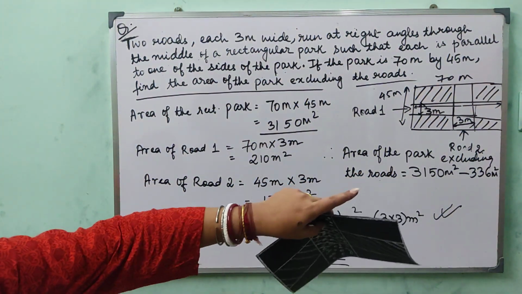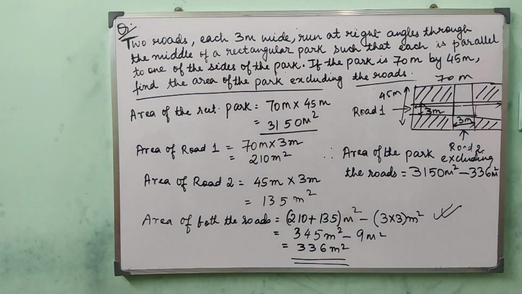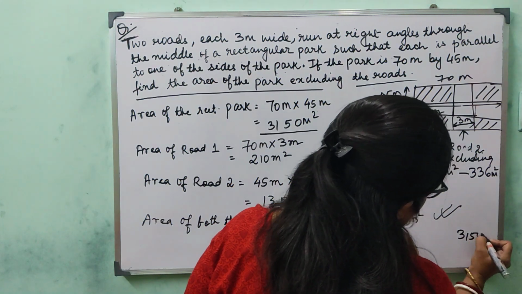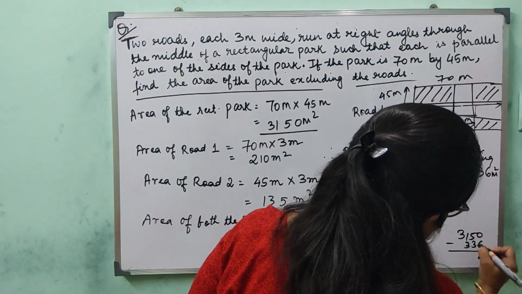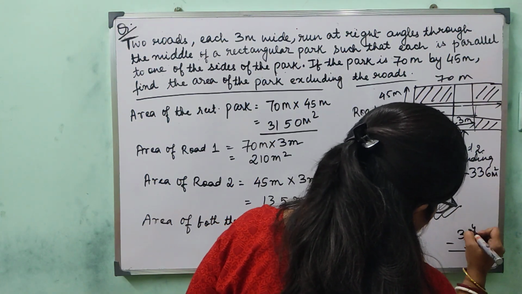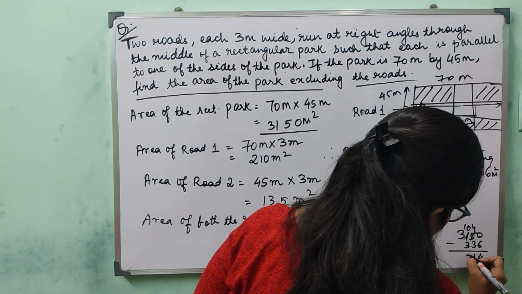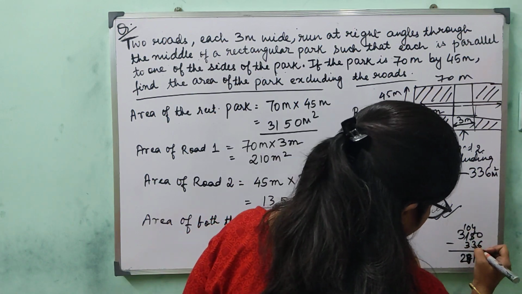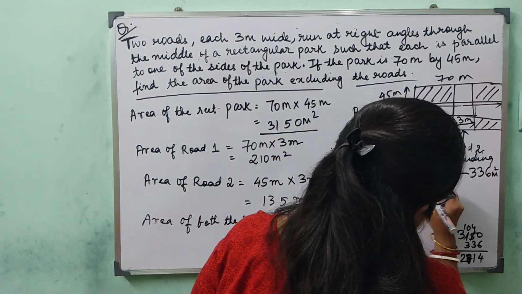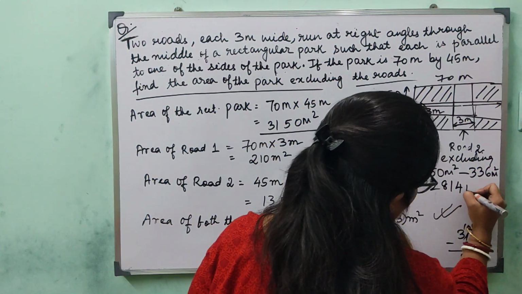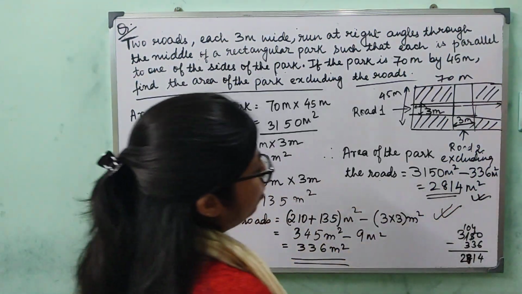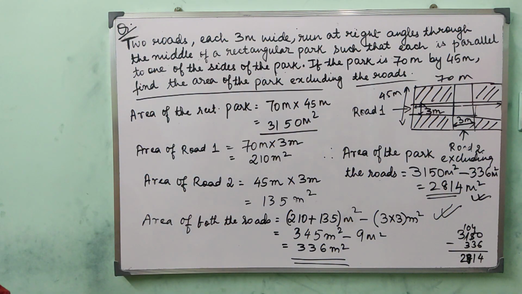We are finding the difference of the areas of the rectangular park, that is 3150 meter square minus 336 meter square, that is equal to 3150 minus 336, which is 2814 meter square, the area of the park excluding the two roads.